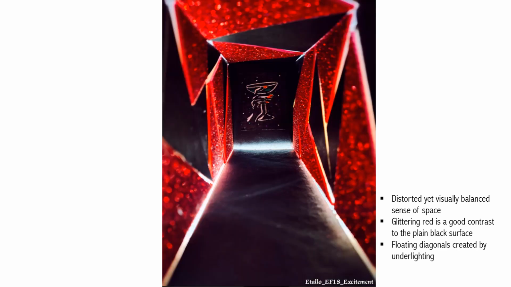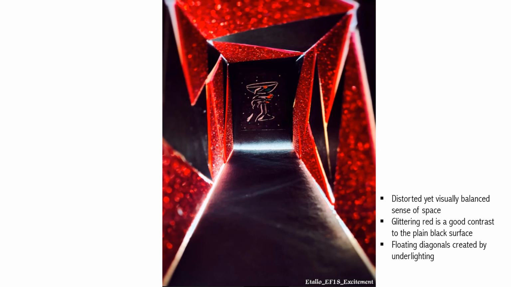Next, this one, completely distorted, but yet visually balanced sense of space. It's distorting because you are not quite sure because of the diagonals where the exact volumetric limit is, and your sense of rectangle is somehow lost. But in a good way.